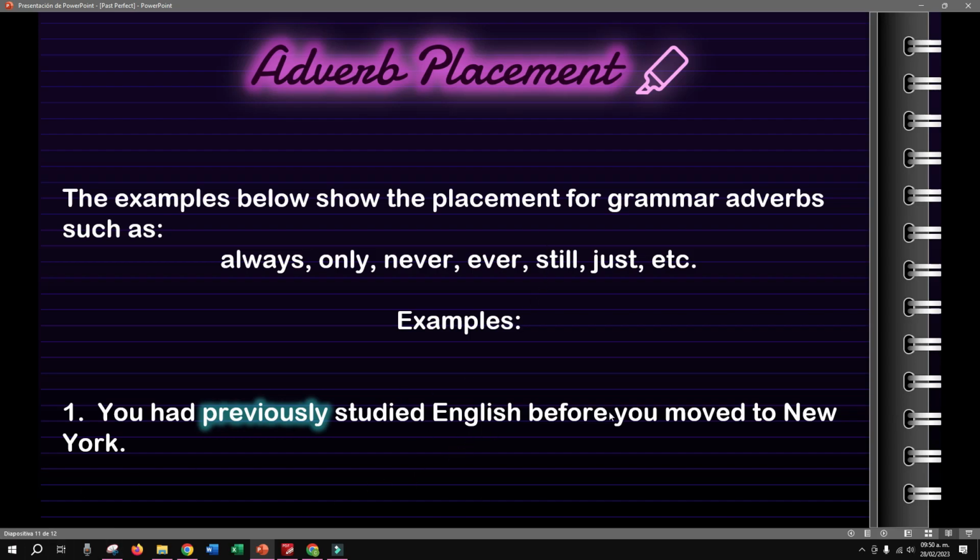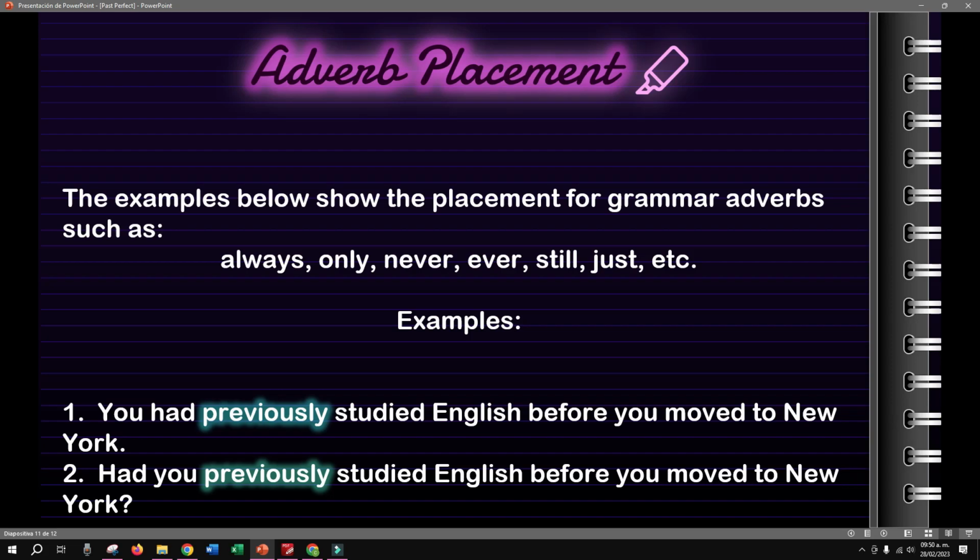Then you have the complement of that sentence, right? Or, have you previously studied English before you moved to New York? So look at this one. This is a question. First, you have the auxiliary had, then you, that will be the subject.